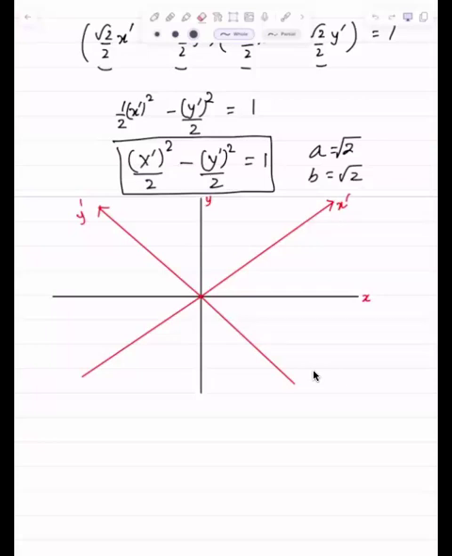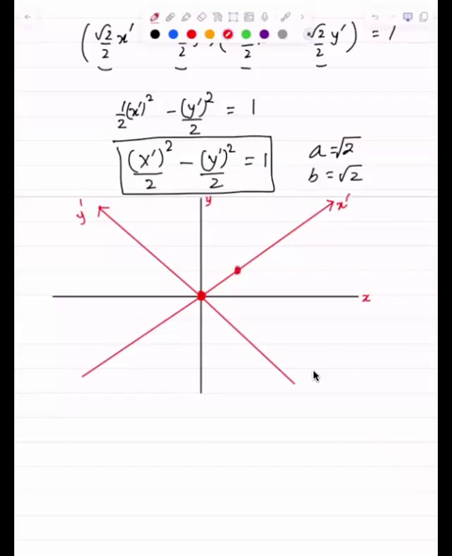So what is our a? Our center is 0, 0, the origin. The a is square root of 2. So mark the a's on both of them.